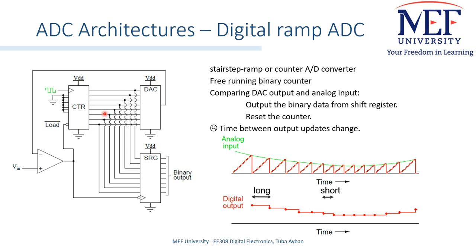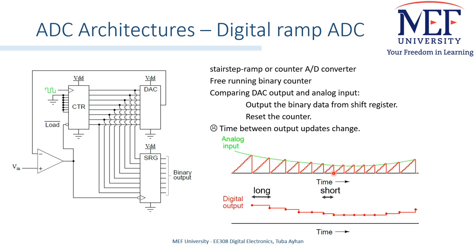If the counter value, so the value that is generated here, is larger than the input voltage, then the shift register here will also be activated. So that code will be transferred to the output. The problem with this architecture is when the input voltage is high, we need to try more and more values.